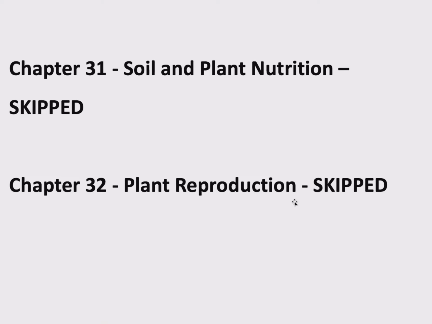I'm sure if you take a plant biology class, you'll definitely touch on these topics, but for an intro biology class, in the interest of time, we have so many other things to get through. I'm skipping these chapters completely. So we are now done with plants and ready to move on to animals.